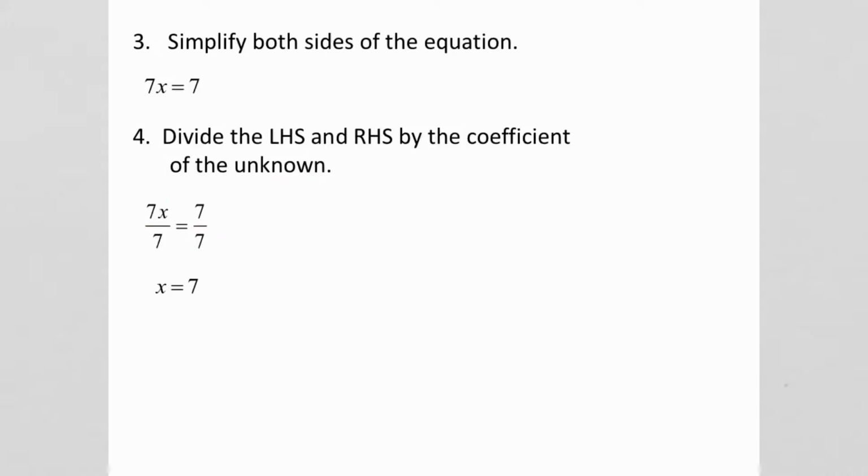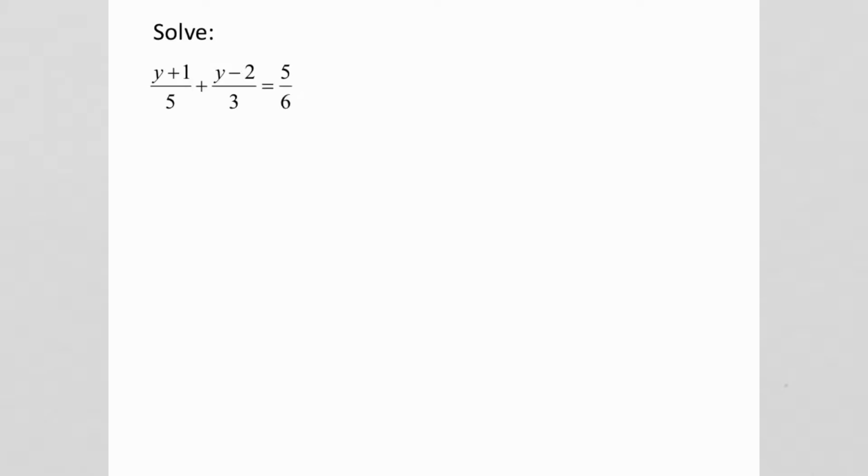Moving on, the 7s cancel, so 7x divided by 7 gives us x, and 7 divided by 7 actually gives us 1, not 7, so that was wrong. Therefore we've solved our equation. We put a line under it saying that x is equal to 1. That's our answer.